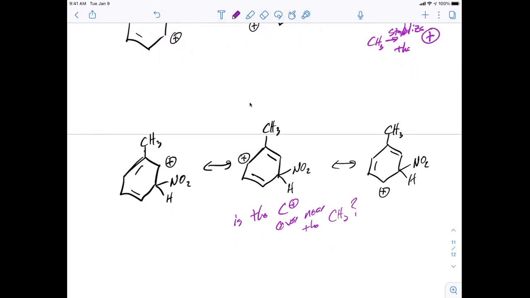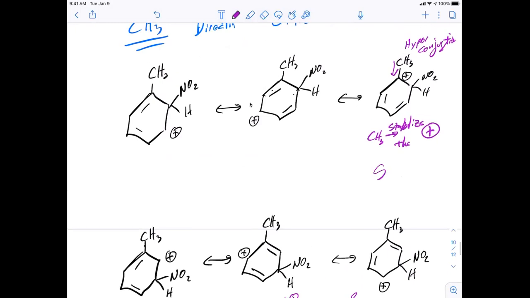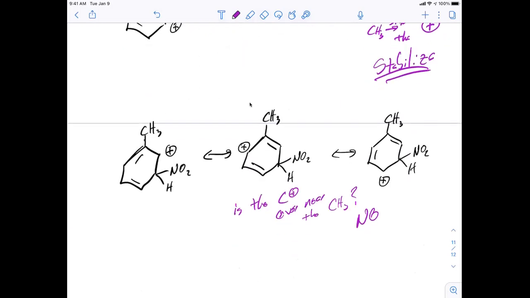No. So in the first one, I'm stabilizing that carbocation. In the second one, am I stabilizing it? No. Am I destabilizing it? No. I'm just not stabilizing it. That's going to be important on Thursday when we get to deactivation.